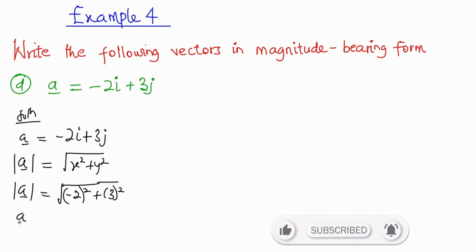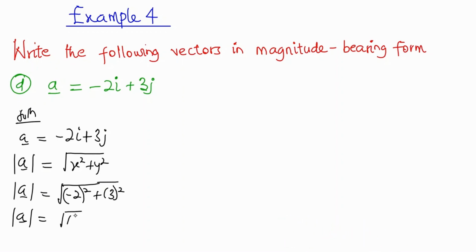So when we simplify everything, our solution becomes square root of 13 here, which becomes a magnitude of 3.6056 units. So this becomes the magnitude of the vector.